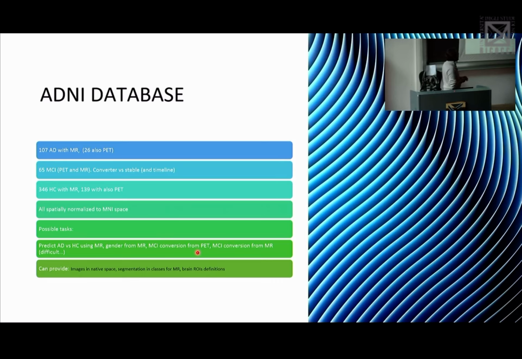So if you try that, and the task isn't feasible, then you don't know if you're programming wrong or if the task is hard. And if someone asks, I can also provide the images in native space, the segmentation in different classes from MR, or brain region labeling from standardized atlases to be applied to the MR.